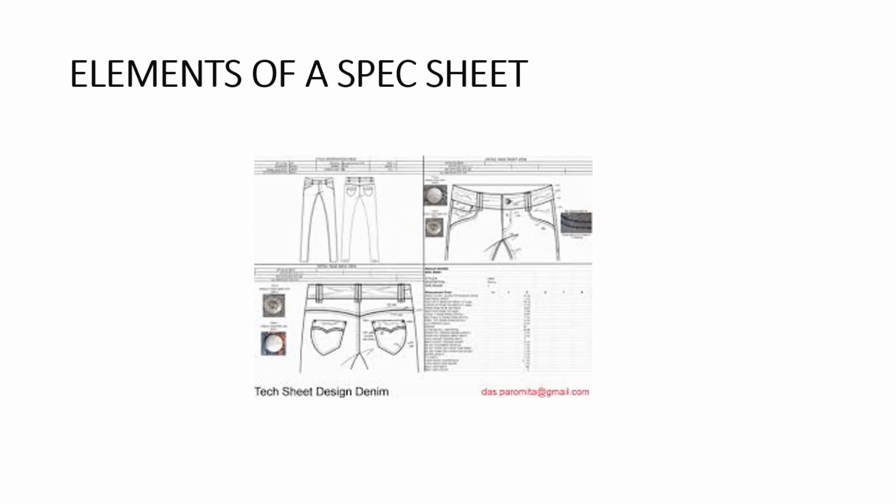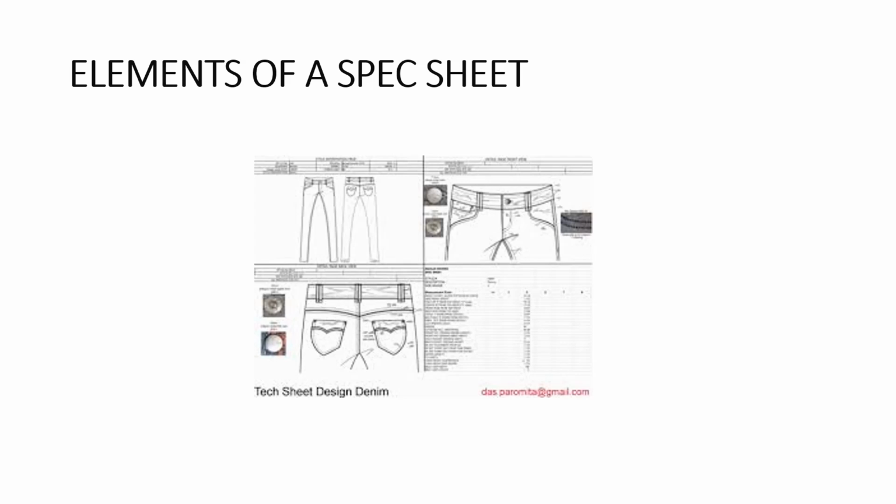Now, one of the important aspects of the specification sheet, let us see now, students. They are the different elements of a specification sheet. Let us see, students, what are those elements. As I already discussed, these are the different aspects.